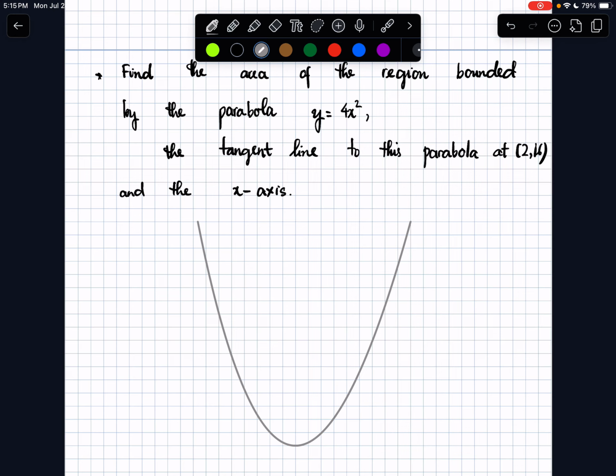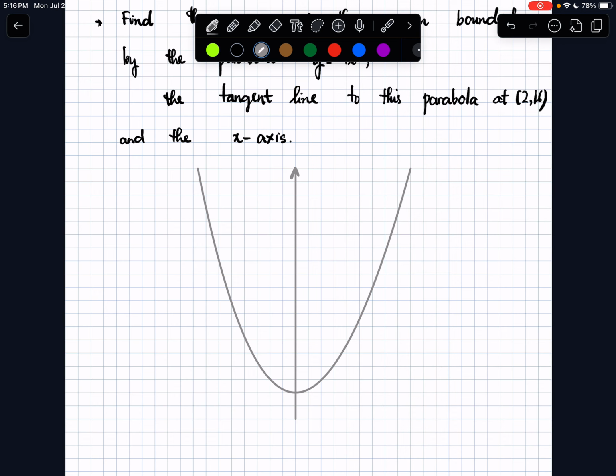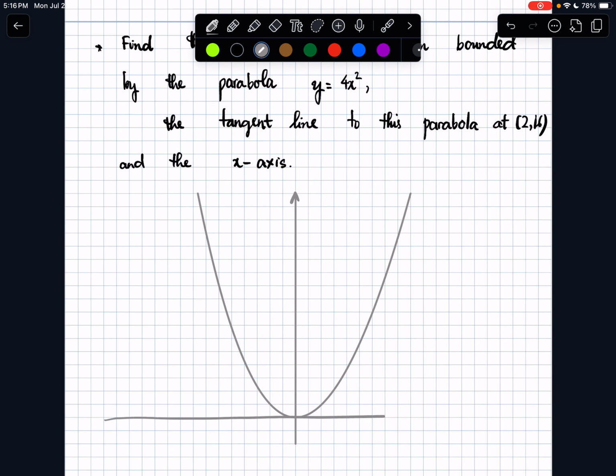This parabola has a minimum at (0, 0), exactly the origin. When x equals 0, y equals 0, so the origin is the minimum of the parabola y equals 4x squared.